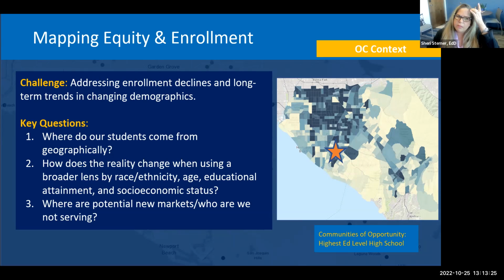We had some critical work that preceded developing these key questions, and I'll read two of our new college objectives. We underwent a very extensive master planning effort.